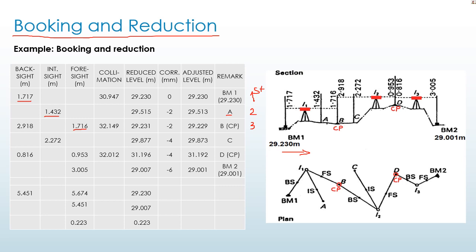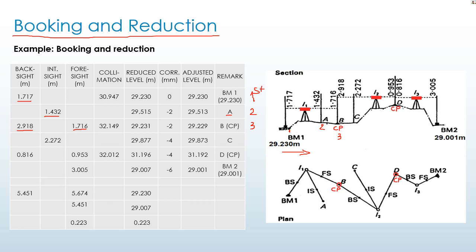So you have the foresight reading from the previous setup, and you have the backsight reading from the next setup. So this is point number 1, 2, 3.